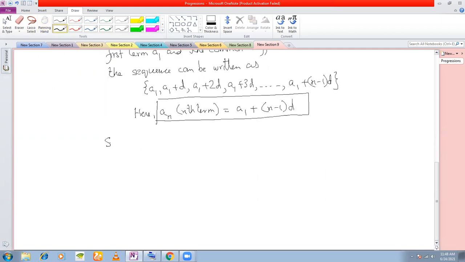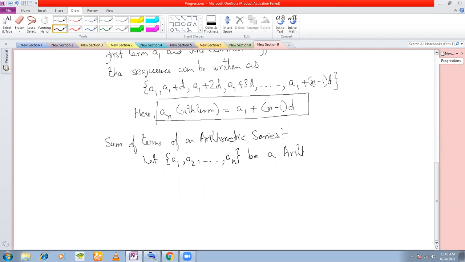Now, next is sum of terms of an AP, or let's say sum of the arithmetic series. Okay. So let A1, A2, ... AN be an arithmetic progression or sequence.